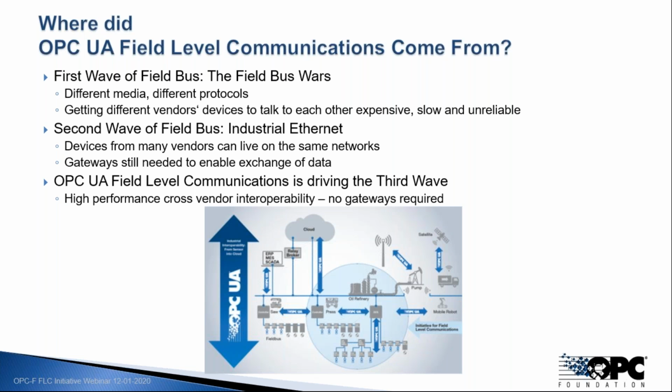Then over time, as the different industrial automation vendors started moving on to industrial Ethernet as a platform for their field bus devices, things certainly improved. In many cases, devices from different vendors could sit on the same network and happily communicate with each other, as long as what they were trying to talk to was another device from the same vendor.